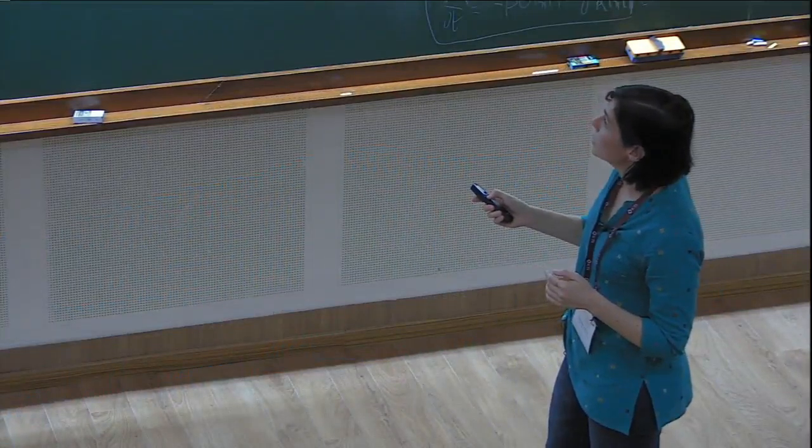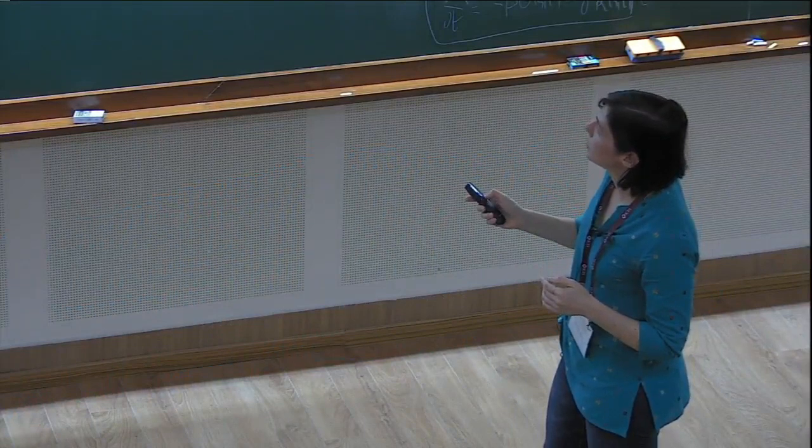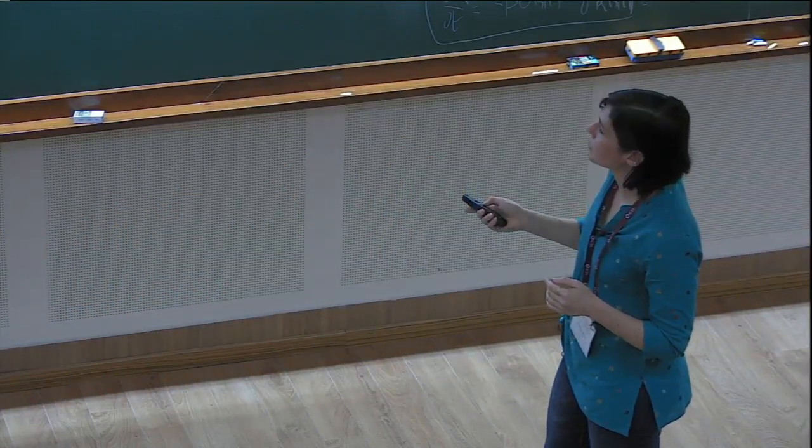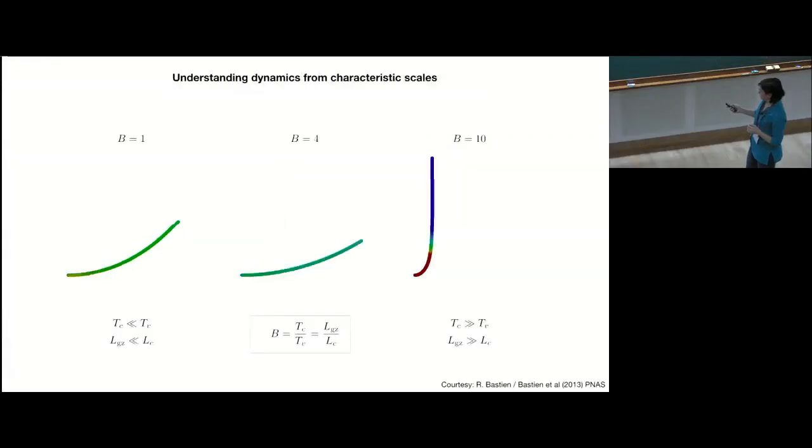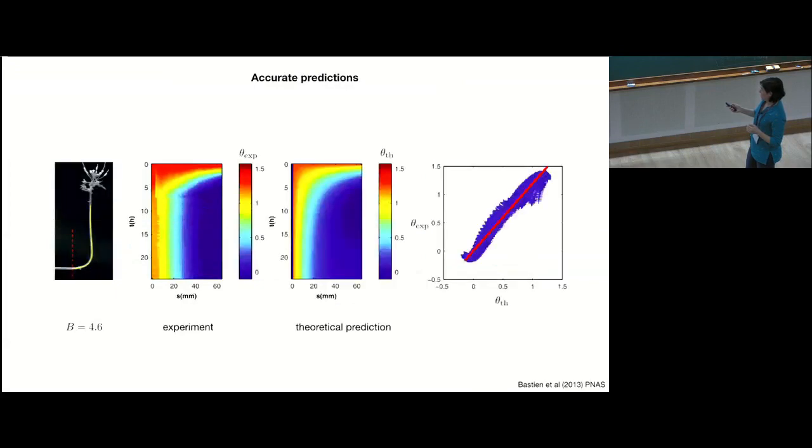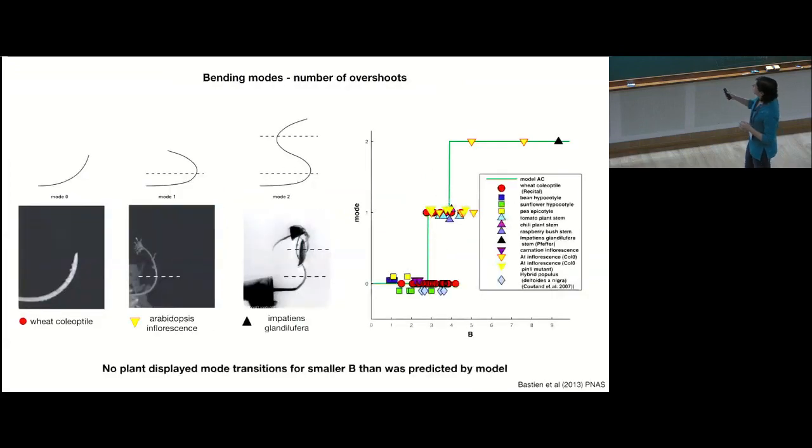Wait, what did I do? Sorry about that. Okay, for example, the red dot, that's wheat. You have a lot down here, but you have also some up here. So although it's exactly the same type of plant, most of them will be on the 0, okay?